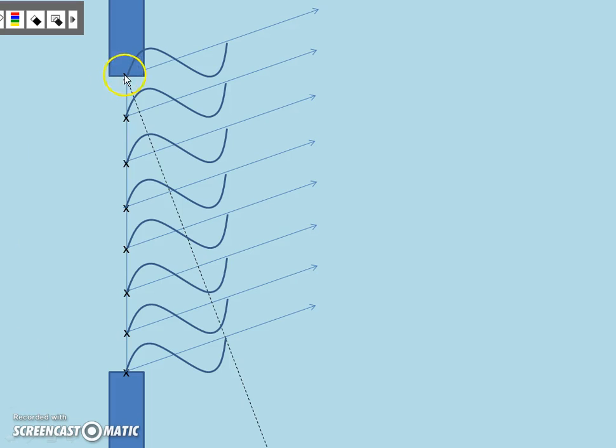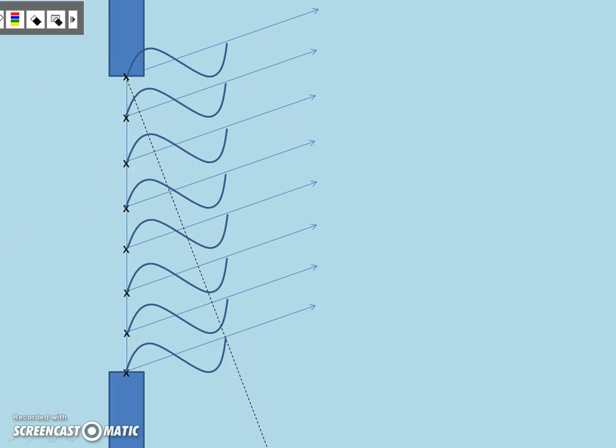This one at the top has travelled a full wavelength shorter distance than the one at the bottom. But if we take this one at the top and compare it to one that is halfway down, the difference in path length between those two is half a wavelength.